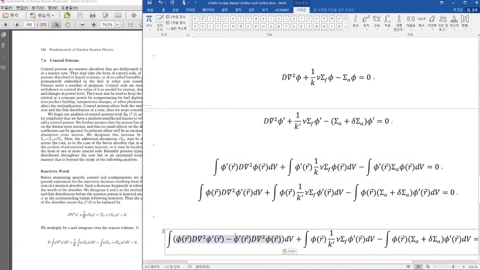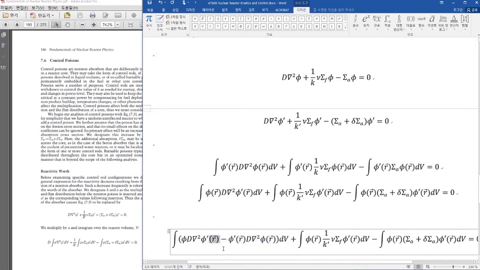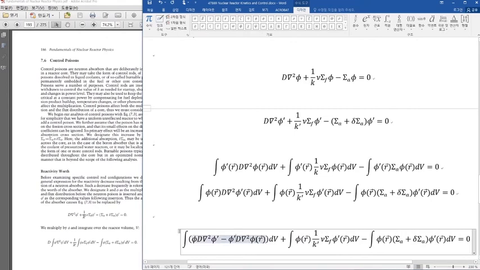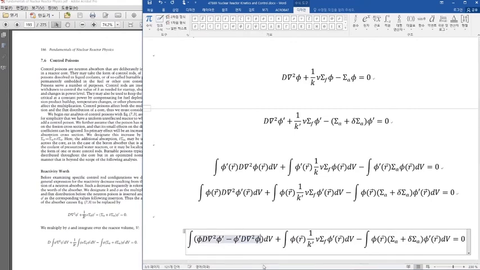And to make the notation simpler, here we are going to delete the indication that phi and phi prime are functions of location. They are.